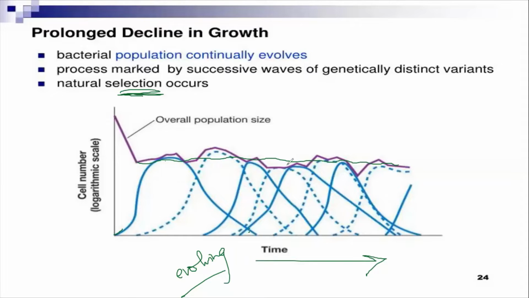See, when they are in a certain environmental condition, it's not that the environmental condition is going to be the same or constant throughout, right? As your environmental conditions are changing, let's say the introduction of antibiotics or any toxins because of some human interference or whatever, what is happening? From a group of population of the bacteria, the rest are all dying, but a few are able to survive.